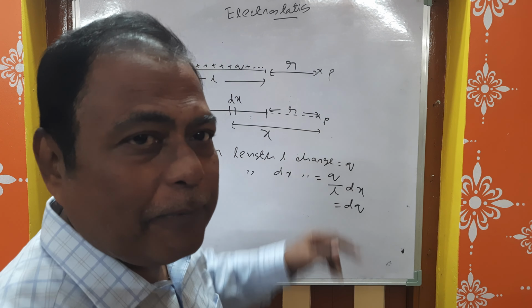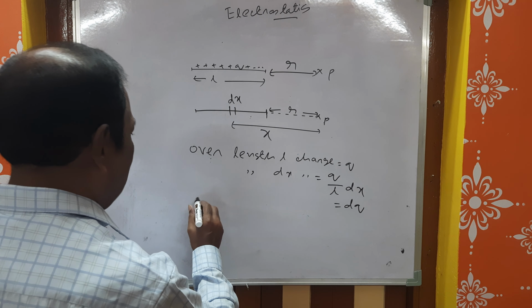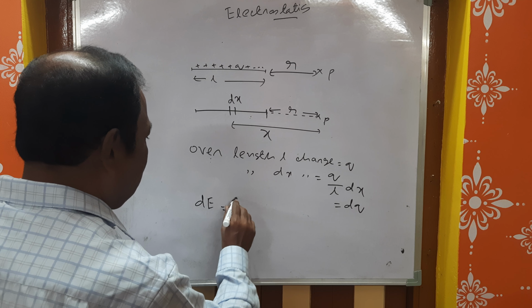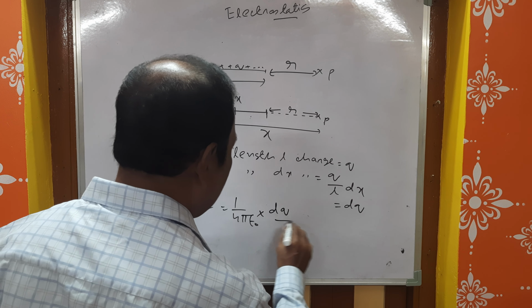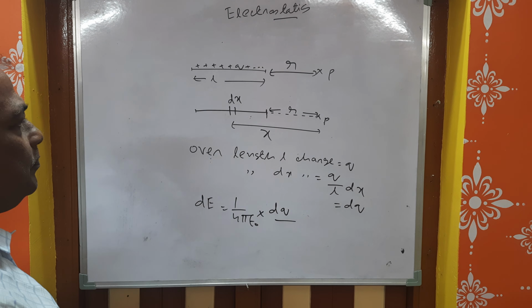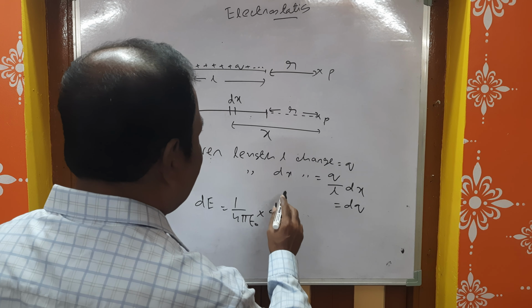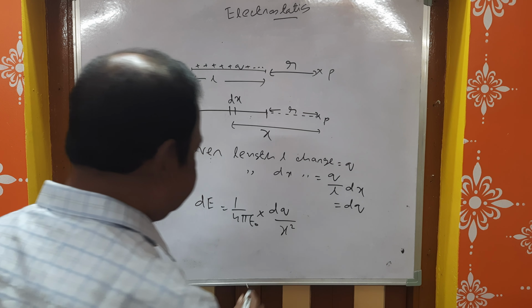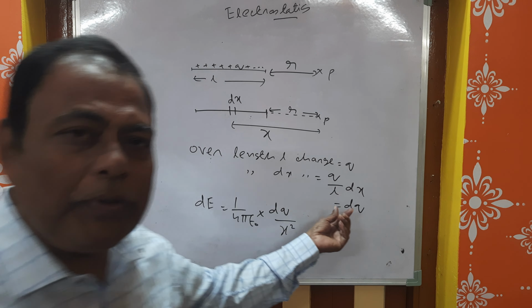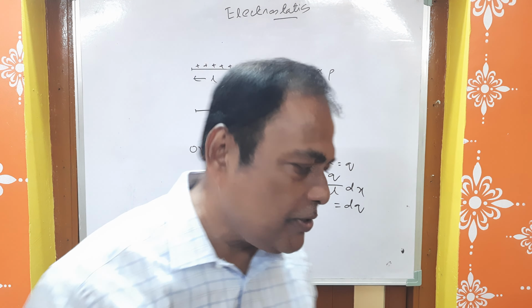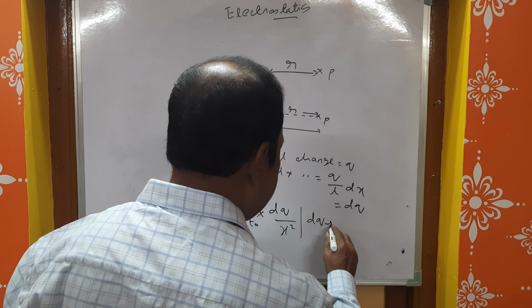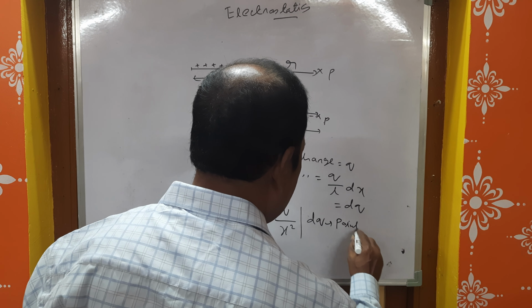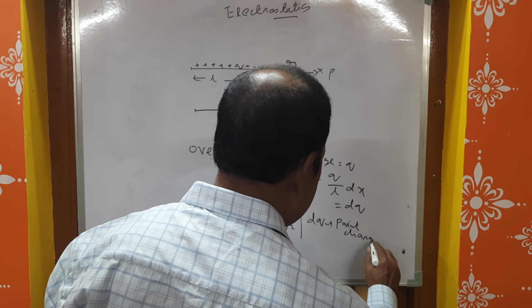So what is the intensity at point P? dE is equal to 1 by 4 pi epsilon naught into dq by x square. Here dq is treated as a point charge.